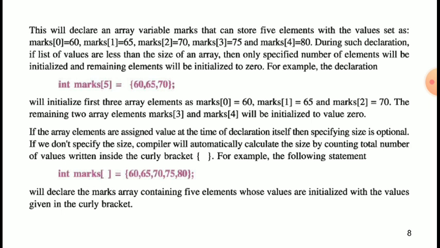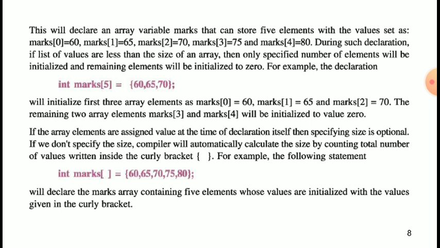During such declarations, if the list of values is less than the size of an array, then only the specified number of elements will be initialized and remaining elements will be initialized to 0.